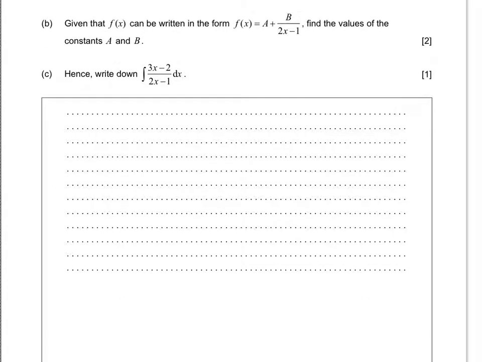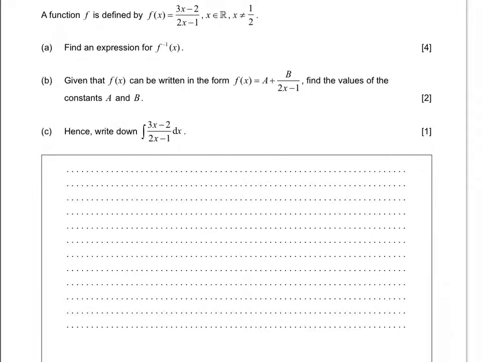Given that f of x can be written in that form, a plus b over 2x minus 1, find the values of the constants a and b. So basically we're solving this problem: a plus b over 2x minus 1 is equal to 3x minus 2 over 2x minus 1.